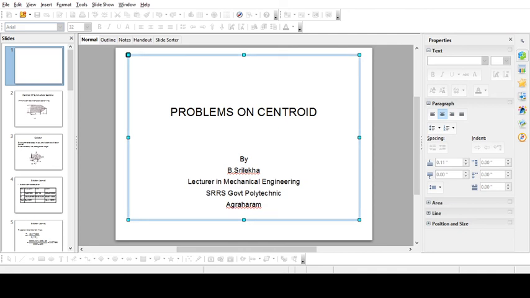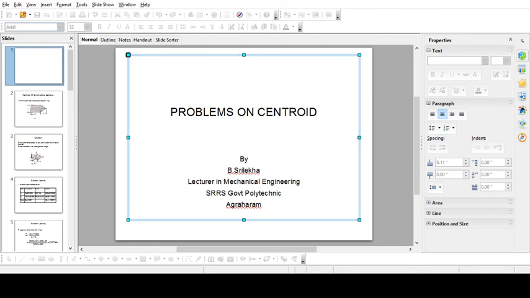Next, y bar is a1 y1 plus a2 y2 plus a3 y3 by a1 plus a2 plus a3 and so on.